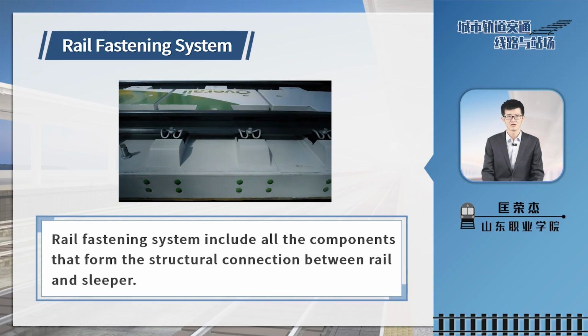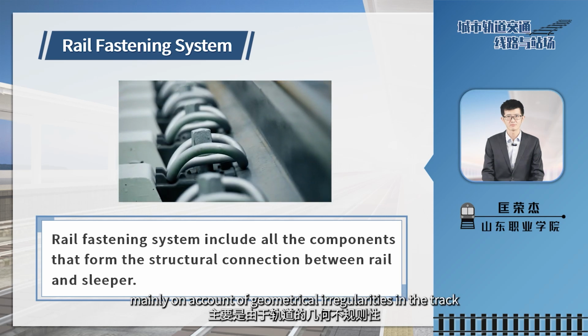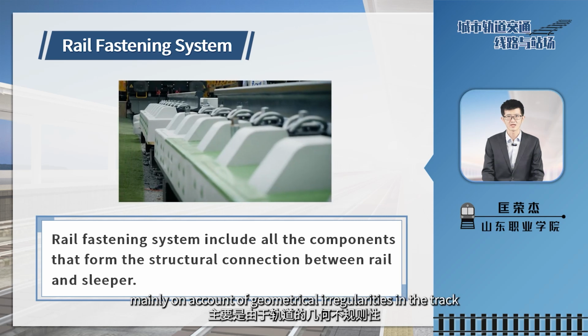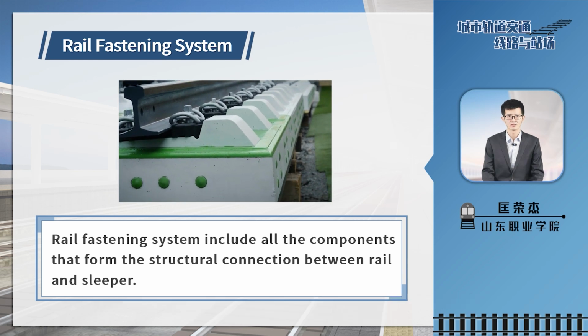In addition, vibrations are generated by moving loads mainly on account of geometrical irregularities in the track and due to the forces set up by the imbalance in the rolling stock. Rail fastening system, therefore, is developed to address those challenges by firmly anchoring the rail to the sleeper, preventing any unwanted displacement.